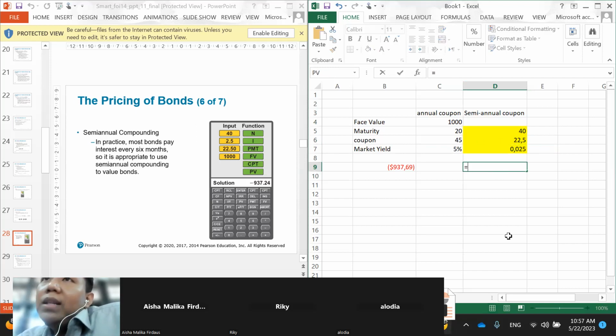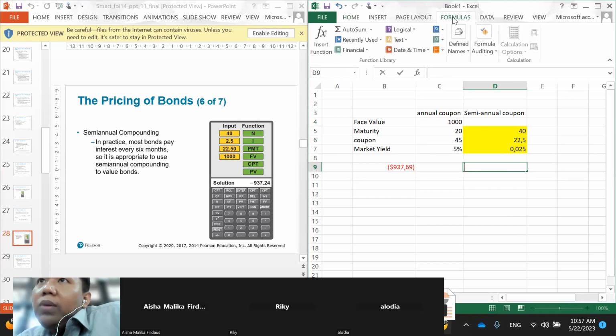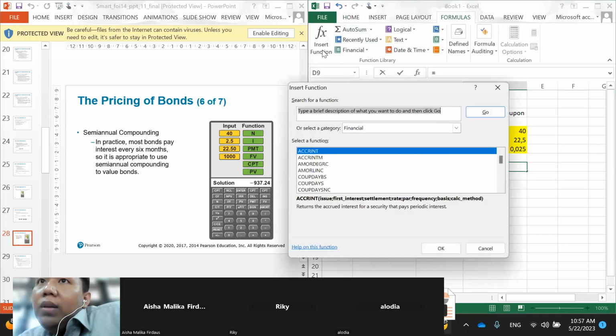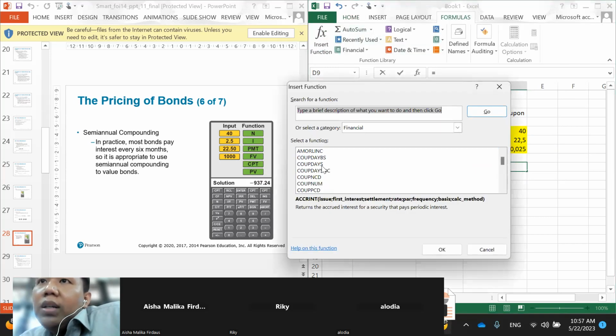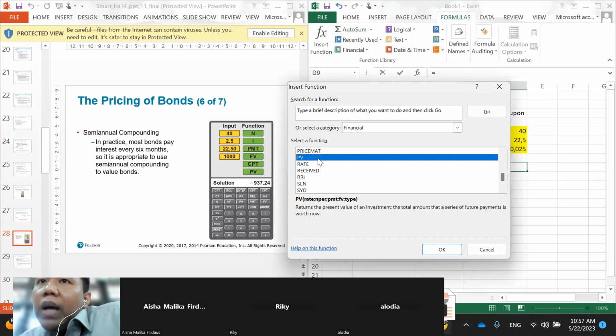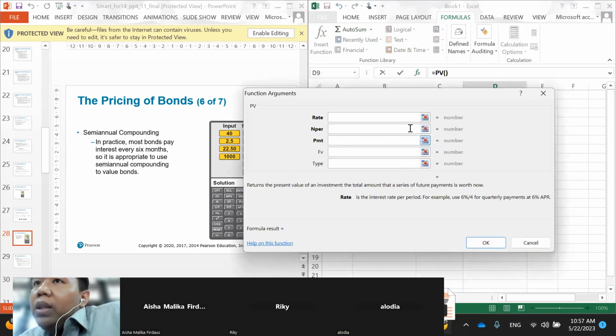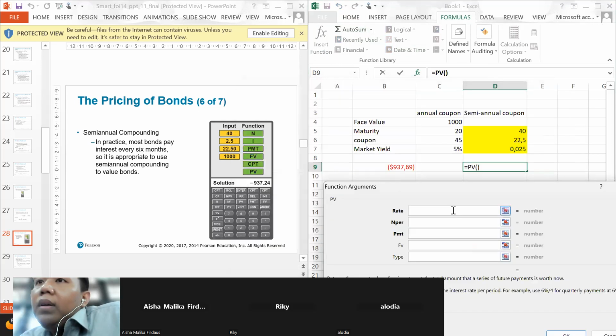So we'll take the present value. Simply go to formula, then we insert the function, and we go to the present value, because we want to calculate the price of this bond. The rate is 0.025. The maturity is 40.